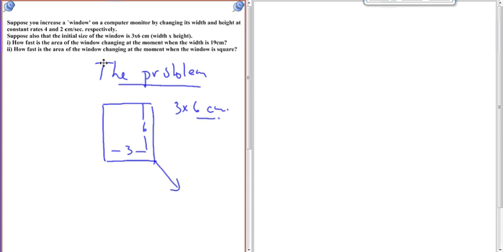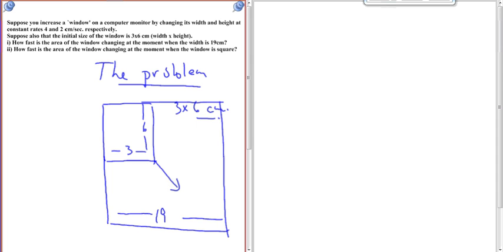The question I'm asking in one is, how fast is the area of the window changing at the moment when the width is 19? So at some moment in time, the width is 19. Now the area is going to be increasing all the time. Of course, it's getting bigger, but at each moment in time, I would like to know at what rate this area is increasing.